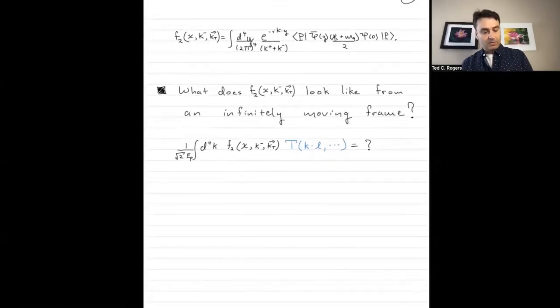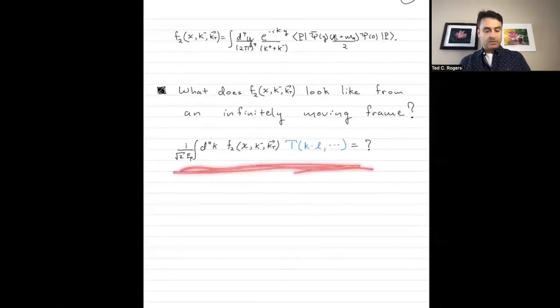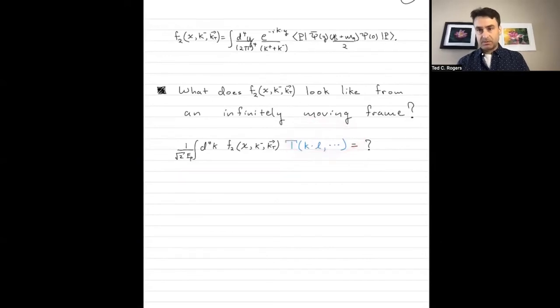Okay, and what we want to say is we're going to do this, but in a frame where, let's say T is describing operations that take place in some lab rest frame, and the proton or the hadron is moving through very fast, very rapidly, near the speed of light.